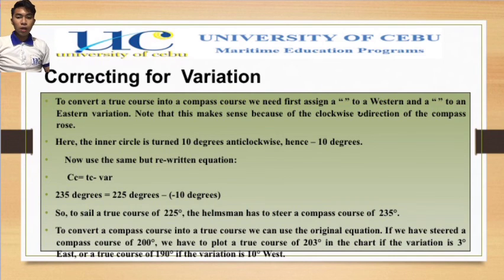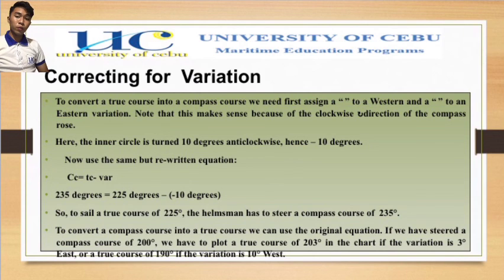Since the formula for getting the compass course is true course minus variation, but we have a negative sign for the variation, and the operation of the formula is minus, therefore the operation will become addition.